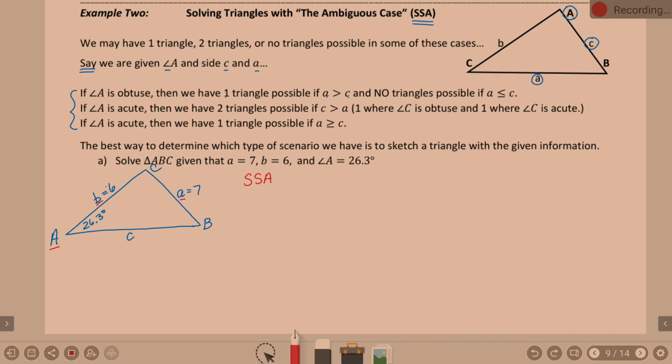With that in mind, I'm trying to help us figure out which scenario we're in here. Angle A is given to us as acute, right? So angle A is acute, and it doesn't even have to be angle A, but we were given an acute angle. And then what do we know about our sides? Side A is what in relation to side B?